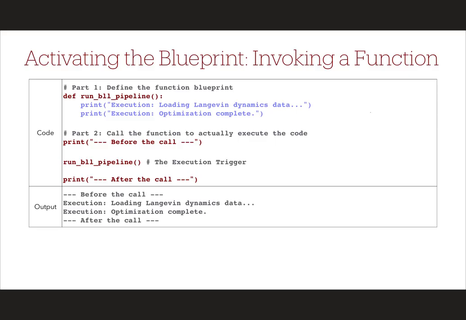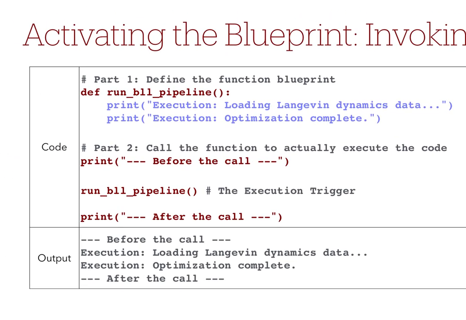Okay, so here is an example. This line defines the name of the function, run BLL pipeline. That function consists of two indented statements. But this definition does not execute those two lines yet. The Python interpreter will check whether this syntax is correct, and if the syntax is correct, it will check the next line. The next line calls the print function.